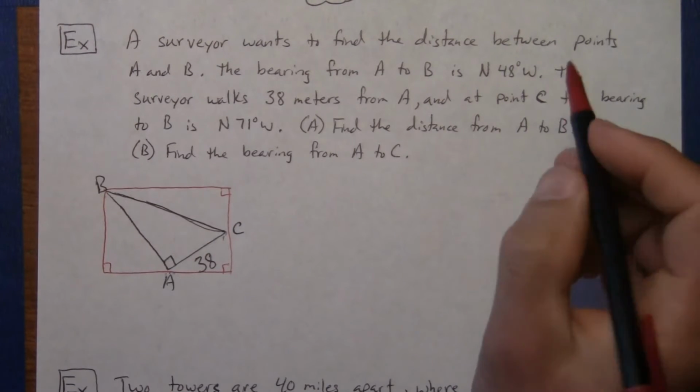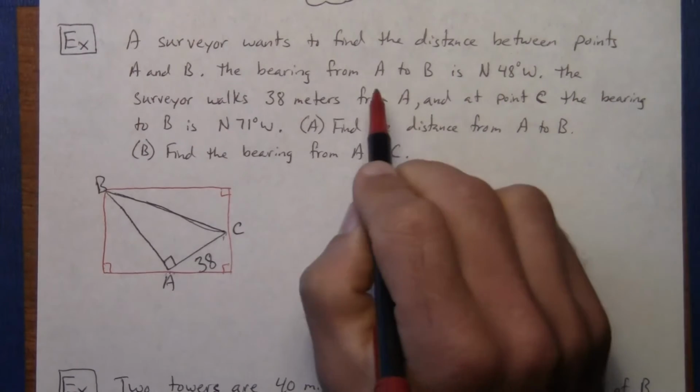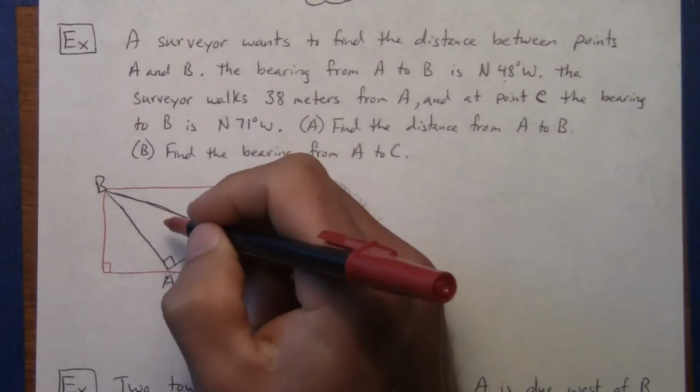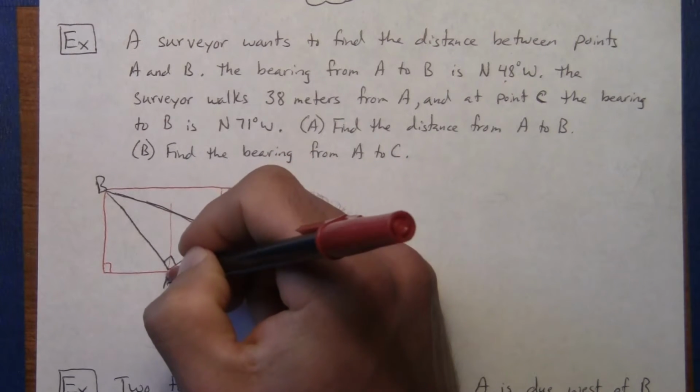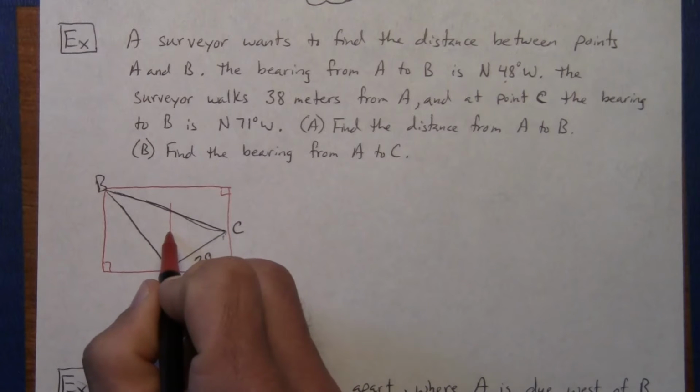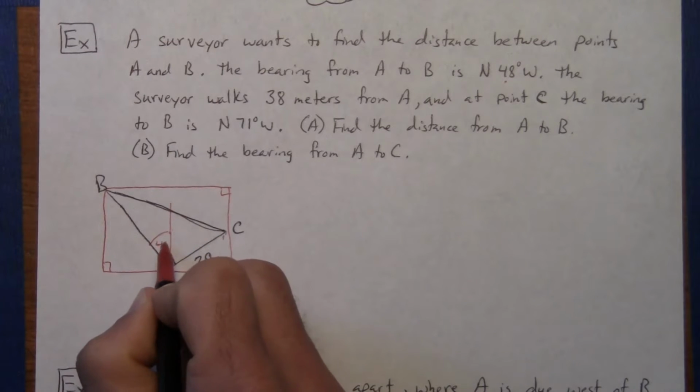So I'm going to label the couple things that they gave me here. It said that the bearings from A to B is north 48 degrees to the west. So if I drew a vertical line here, north 48 degrees to the west, they are saying that this is 48 degrees.